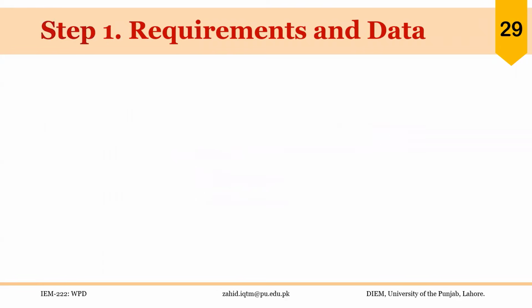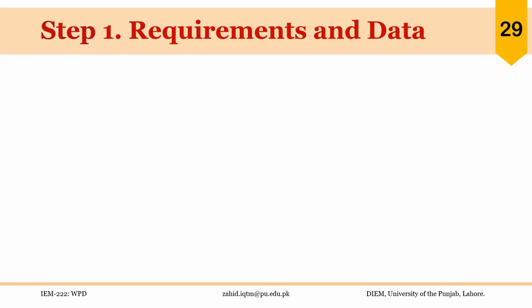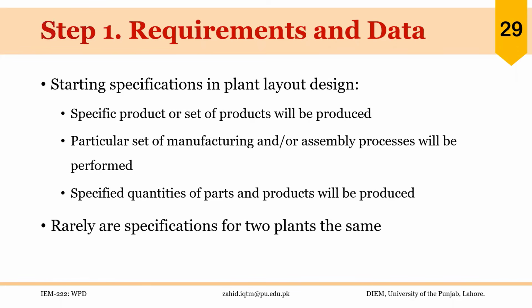We will discuss this approach step by step. Step number 1 is to determine requirements and collect data. Starting specification in plant layout design has some important aspects. One of them is the product or set of products that will be produced. So what product you will be making in the facility.